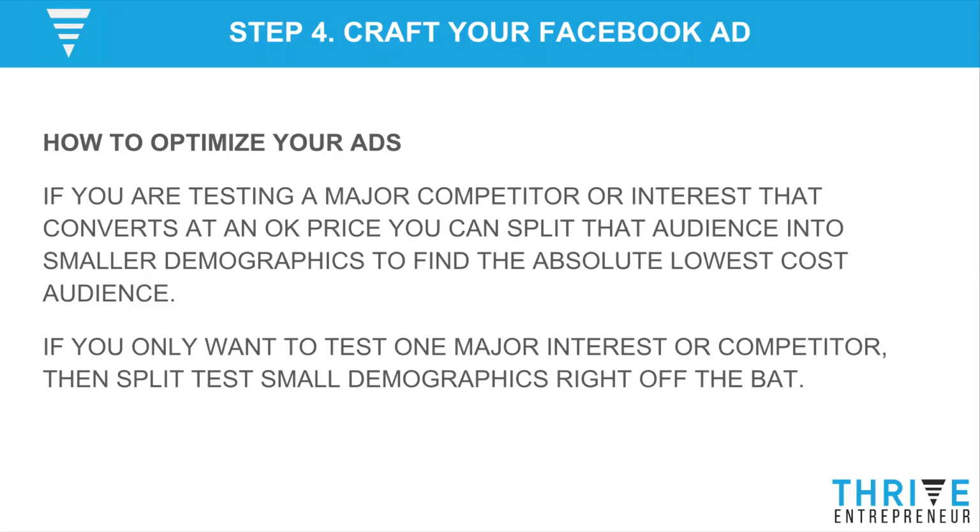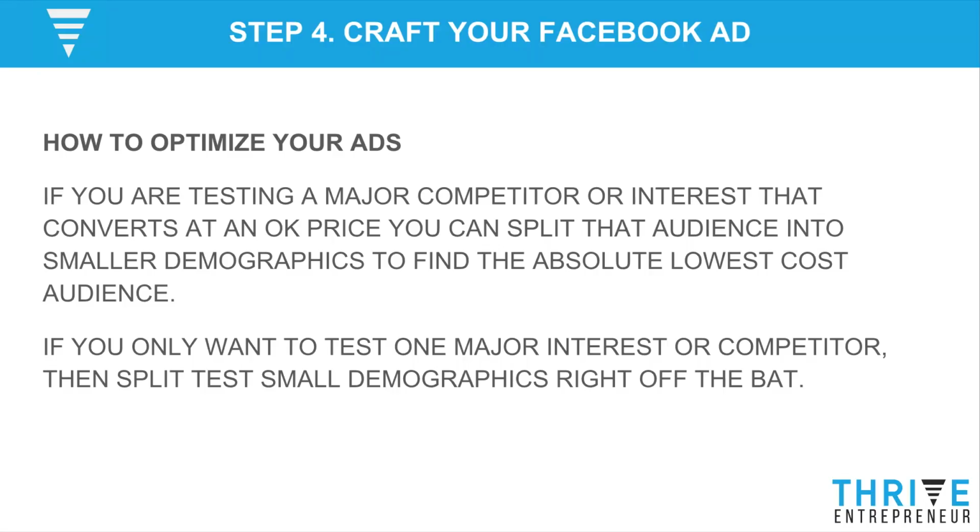If you only want to test one major interest or competitor, then split test into small demographics. So we might only test Kayla Itsines, but instead of just females aged 18 through to 35, we might go 18 through to 25 and 25 through to 35. So we've got two demographics, two campaigns running.